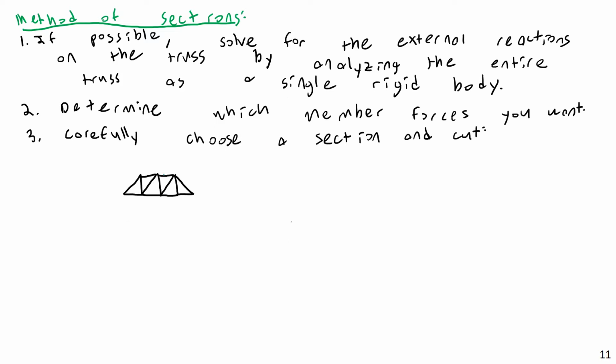So let's say I'm interested in these three members here. Let's say I'm interested in this member, and this member. Well, let's see. The guidelines for the cuts are as follows. Maybe I can use Roman numerals here.